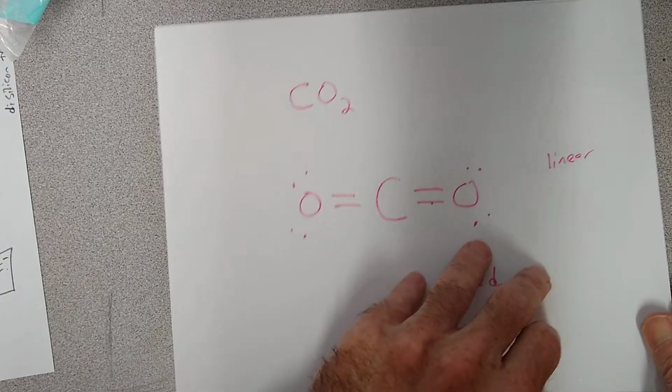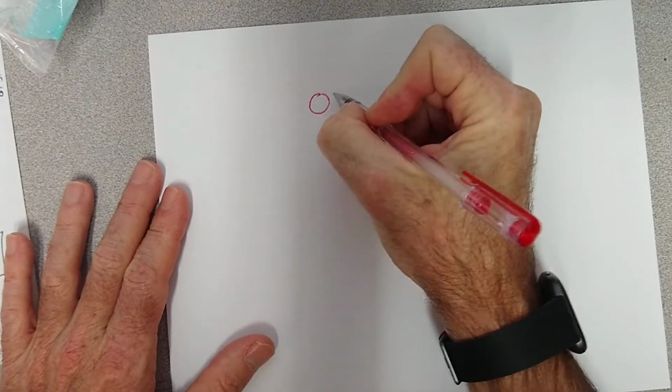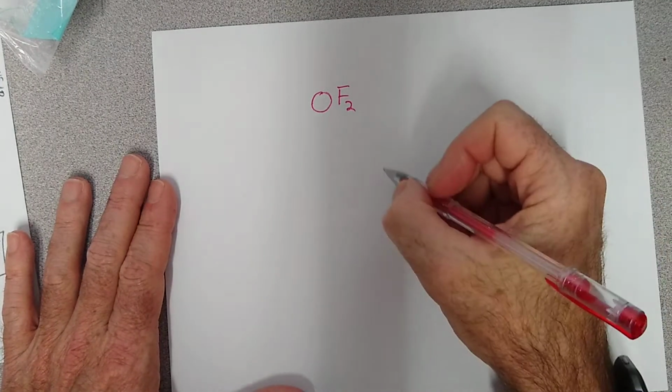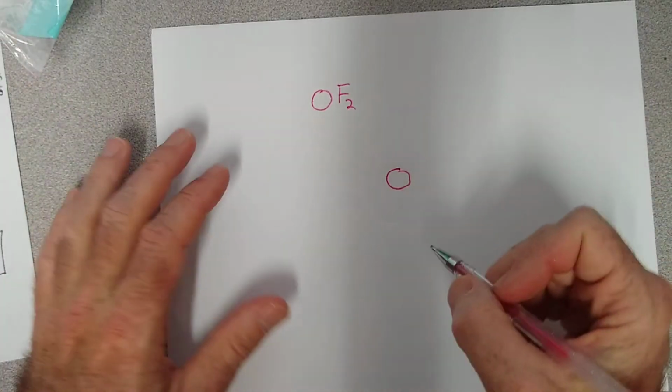Let's take a look at, say, oxygen difluoride. If we were going to do oxygen difluoride, we'll have this little oxygen in the middle. And we know oxygen wants to have 2 lines, right? And how many lines do the Fs want to have? They each want to have 1.